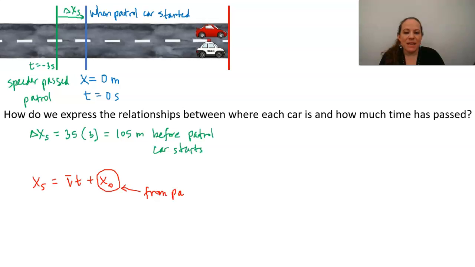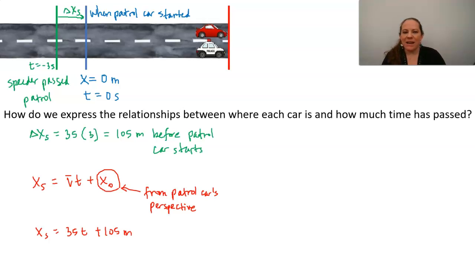So that's going to be that 105 meters, right? What we're considering time 0 for our patrol car is 3 seconds after our speeder actually passed the patrolman. So our position-time relationship is now going to be 35t plus 105 meters.